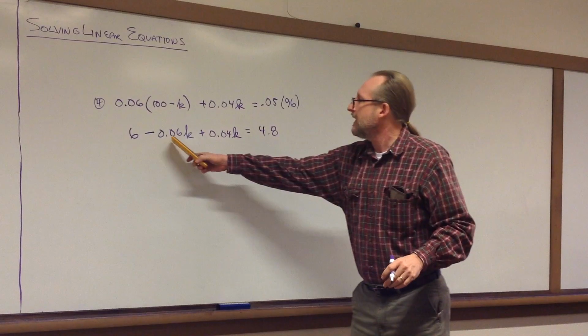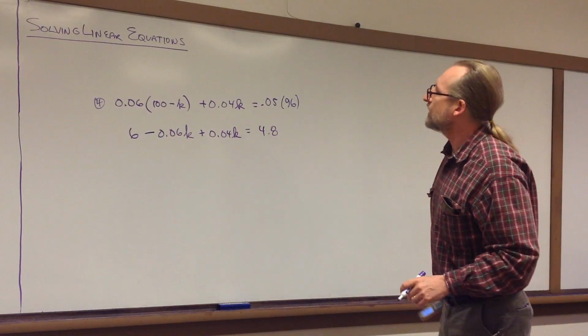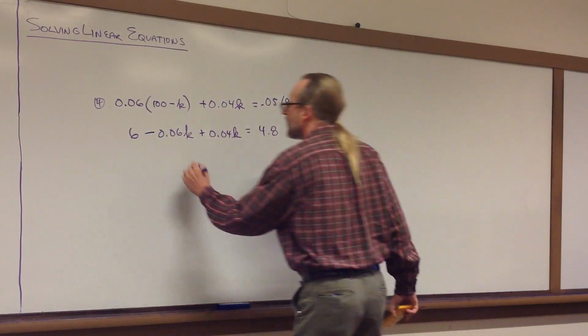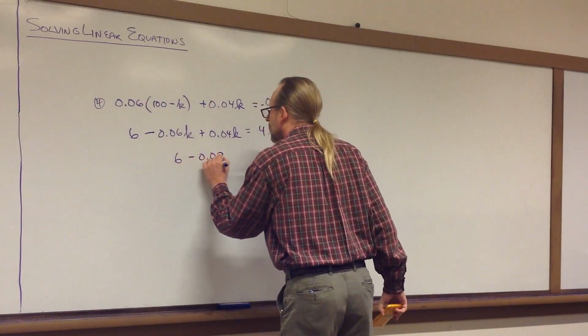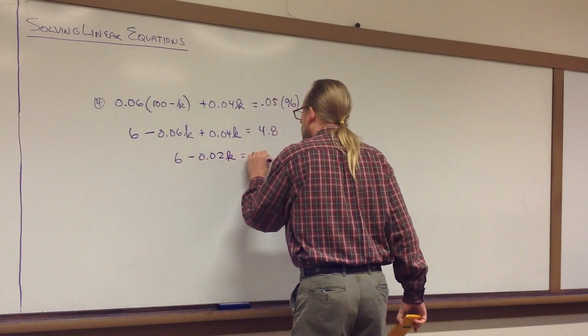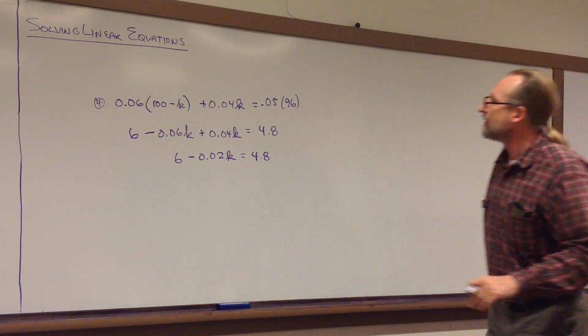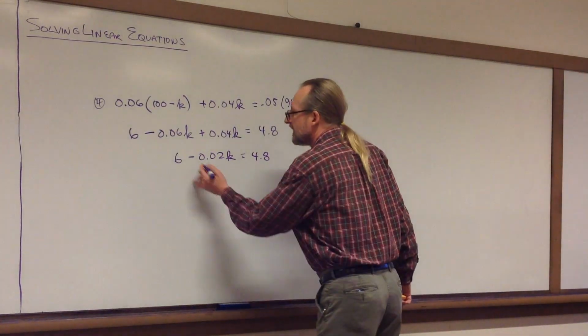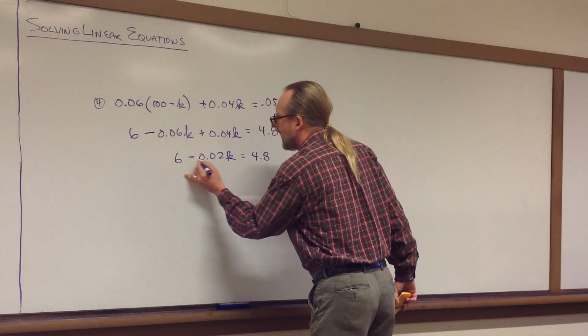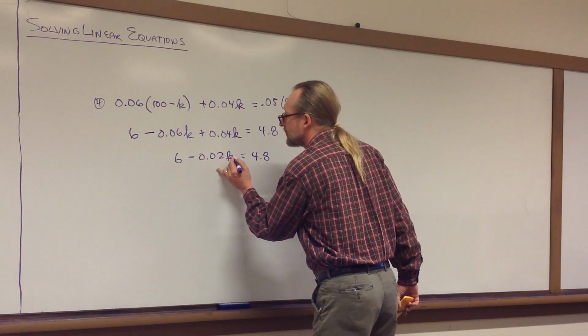Okay, so over here I've got negative 0.06k and a positive 0.04k, so that's negative 0.02k. And again, if you're not sure, go ahead and use the calculator. There's nothing preventing you from doing that. All right, this negative sign is attached to the negative 0.02k.